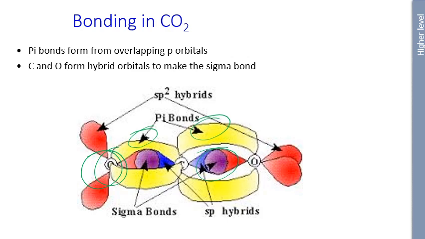Okay, so the carbon is sp hybridized. Okay, that's going to be your 2 sigma bonds here. You've got the associated pi bonds, and then the oxygen can also be sp hybridized or sp2 hybridized, depending on which oxygen it is. One oxygen is sp2 hybridized and one oxygen is sp hybridized.